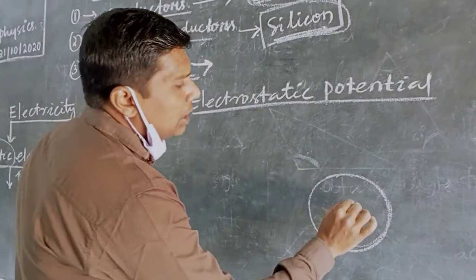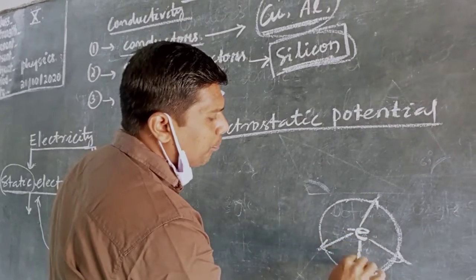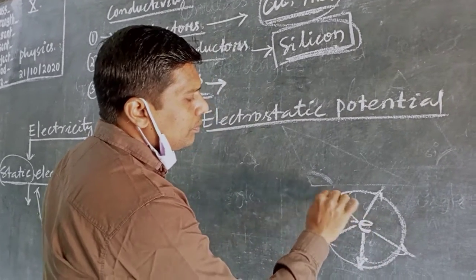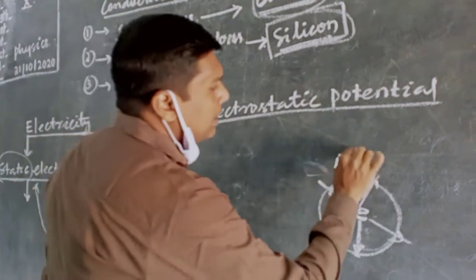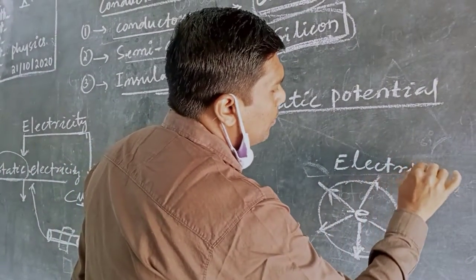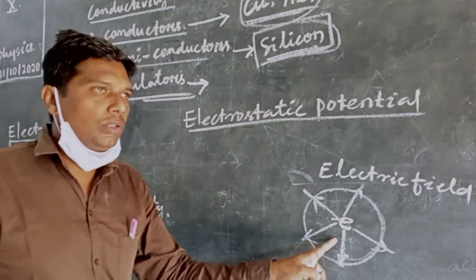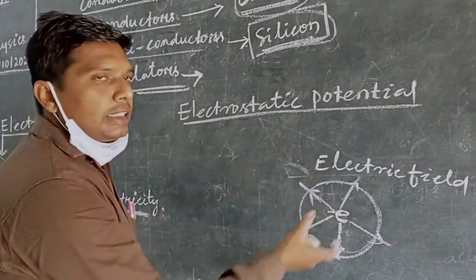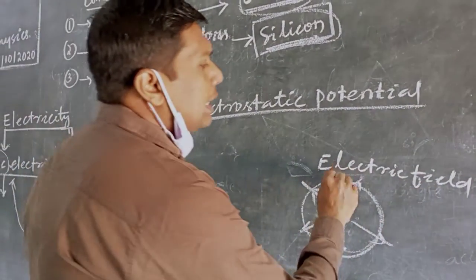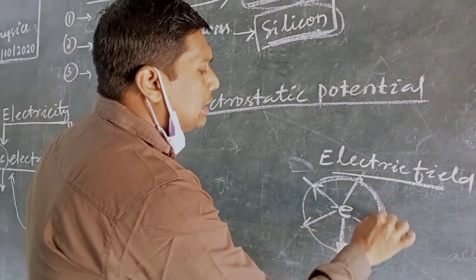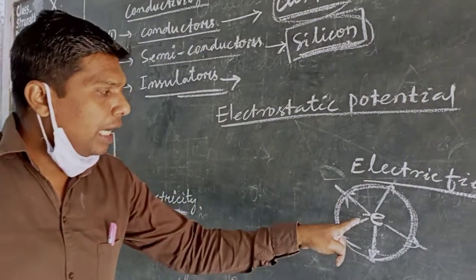That means it creates an electric field. When we keep a charge at any place, this charge develops a field. That field is known as an electric field, where the charge can have its effect.